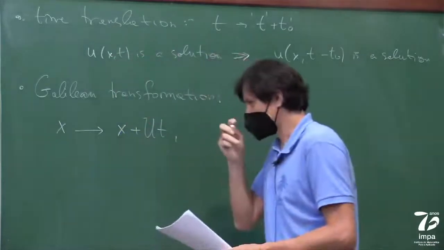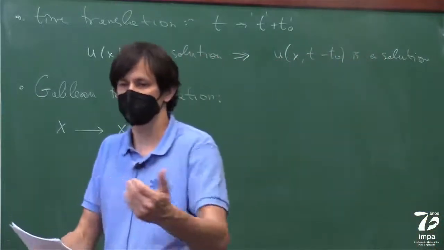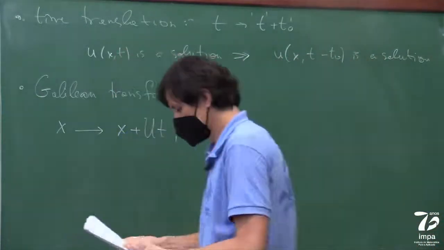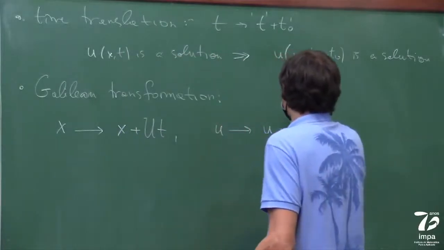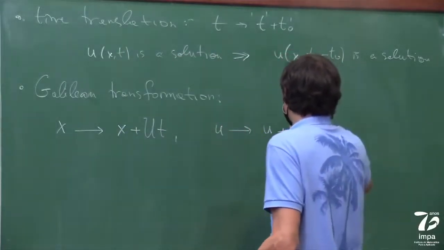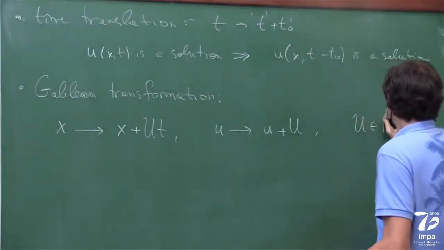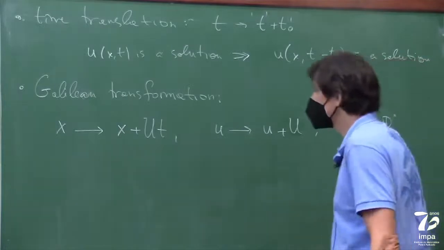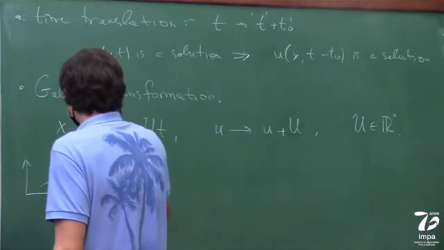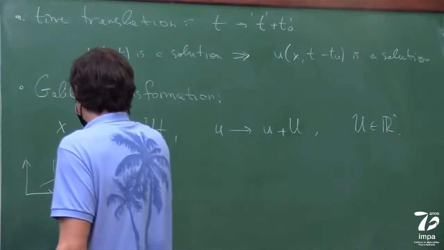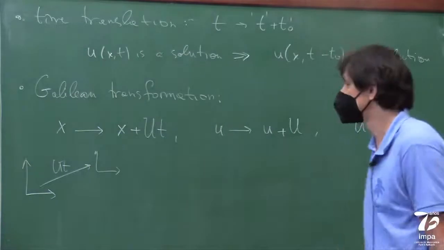And when you move to this new coordinate system, you see everything with a different speed, right? So it means that all speeds should change by this number. This is for any given vector. So you go to the new coordinate system which moves with the speed u.